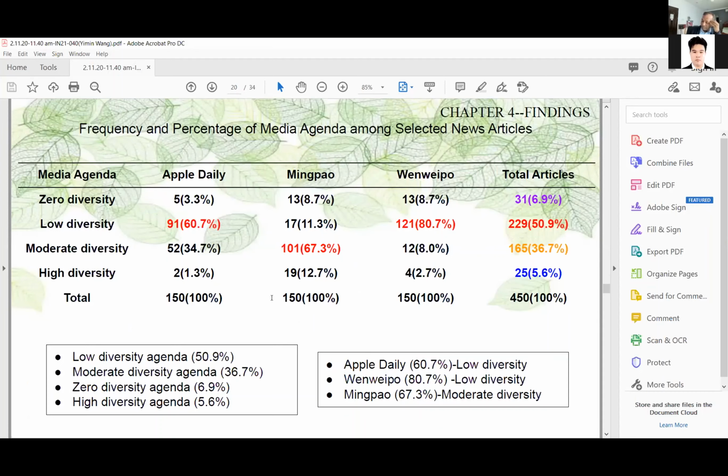The emotions in media agenda are coded as negative aspect, neutral aspect, and positive aspect of the same concept. For example, for a policeman, the negative is dirty cops, and the positive is good Hong Kong police.